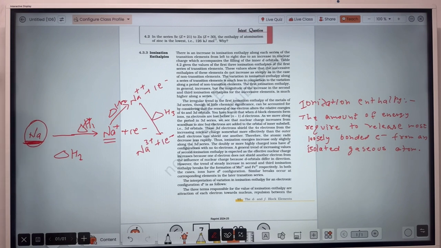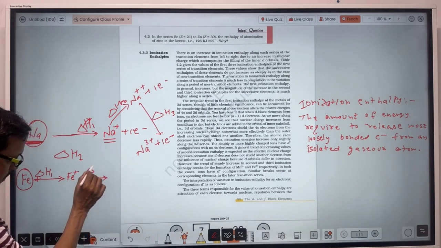Another relevant example I am taking is iron. When you provide energy to this iron atom, writing ΔH1 here, the iron atom converts into Fe plus, and the energy required to release the most loosely bonded electron from the iron atom is called first ionization enthalpy.